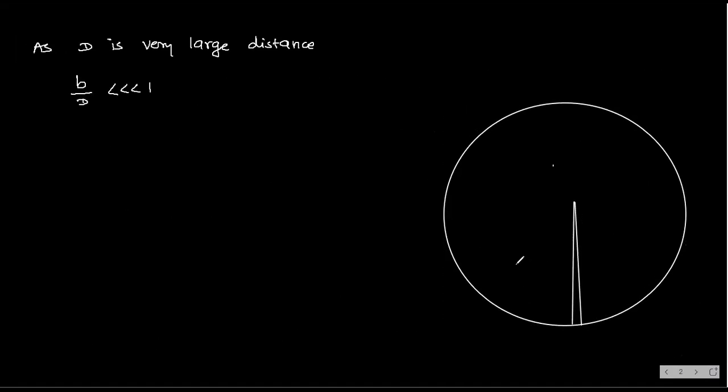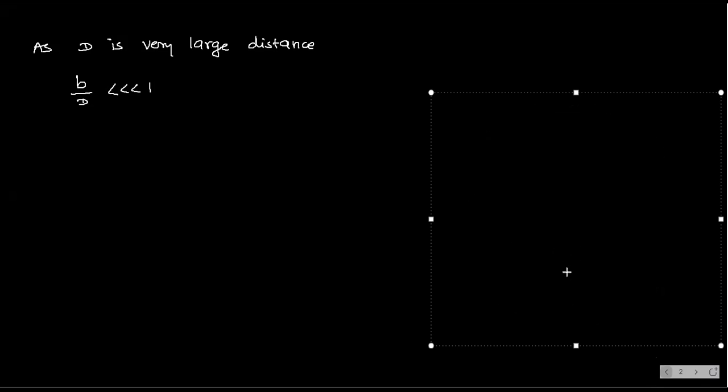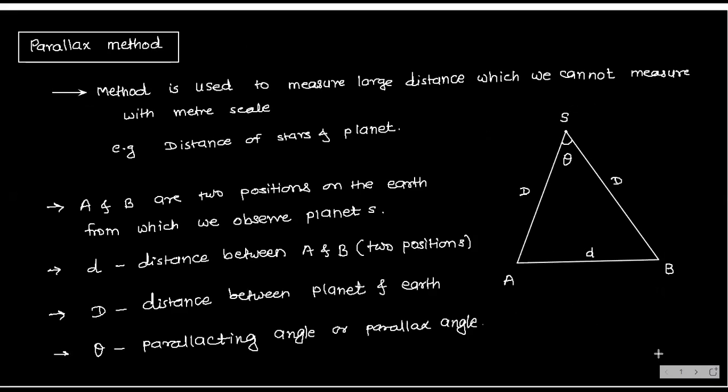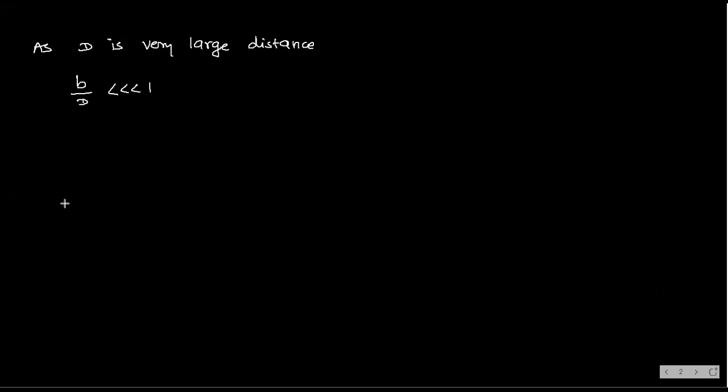Now you see here, this is your arc, but it is behaving like a straight line only, yes or not? Because this angle is very small, that's why this will be like a straight line only. Understand? Same thing here also, because this distance is very long. What happens in this case? You can see here, this D is like a straight line instead of an arc.